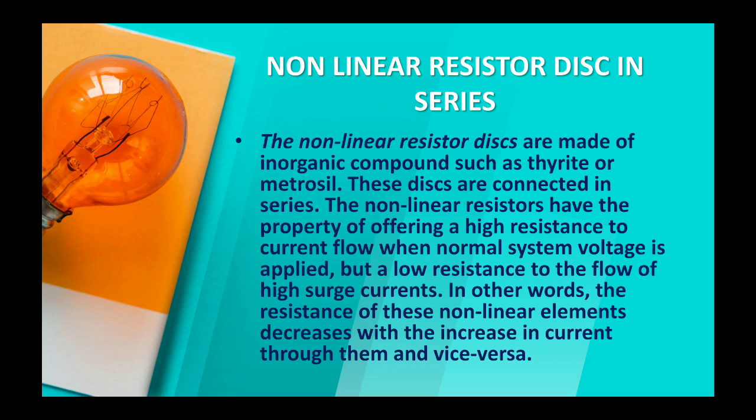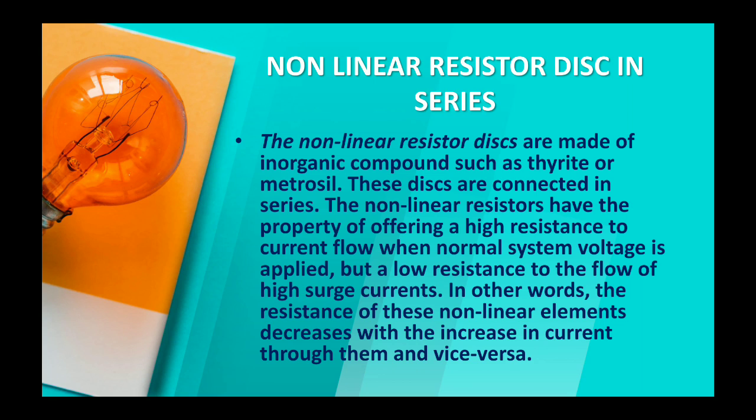So the resistance is high when the line is carrying the normal system voltage, or the line is healthy, but a low resistance path is produced when a huge amount of surge current is flowing through the line.